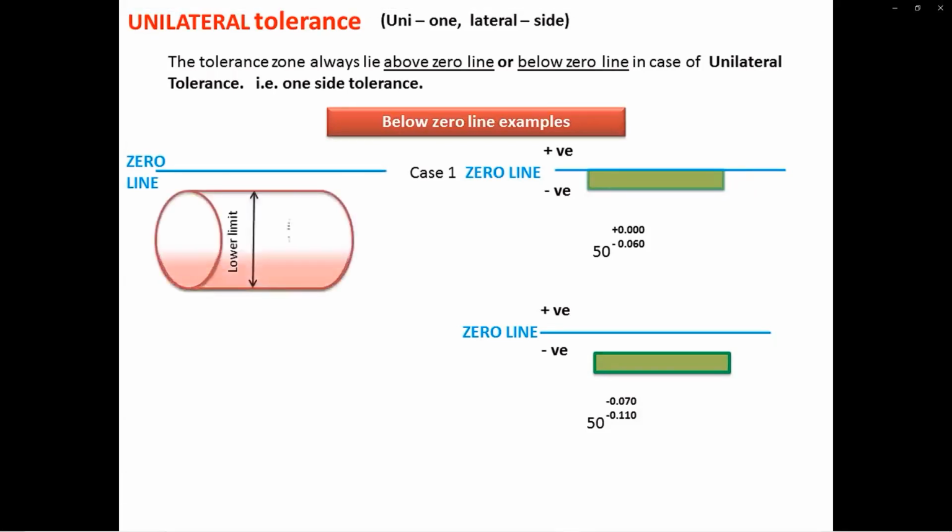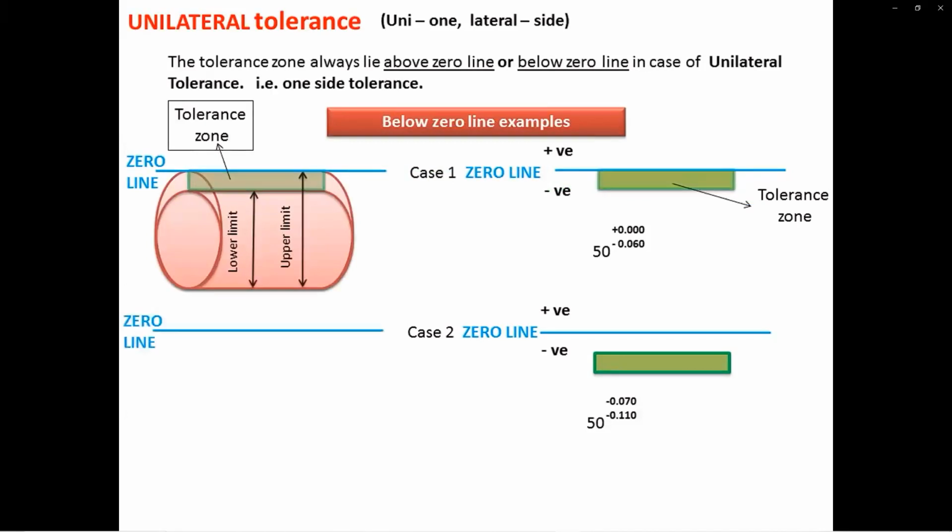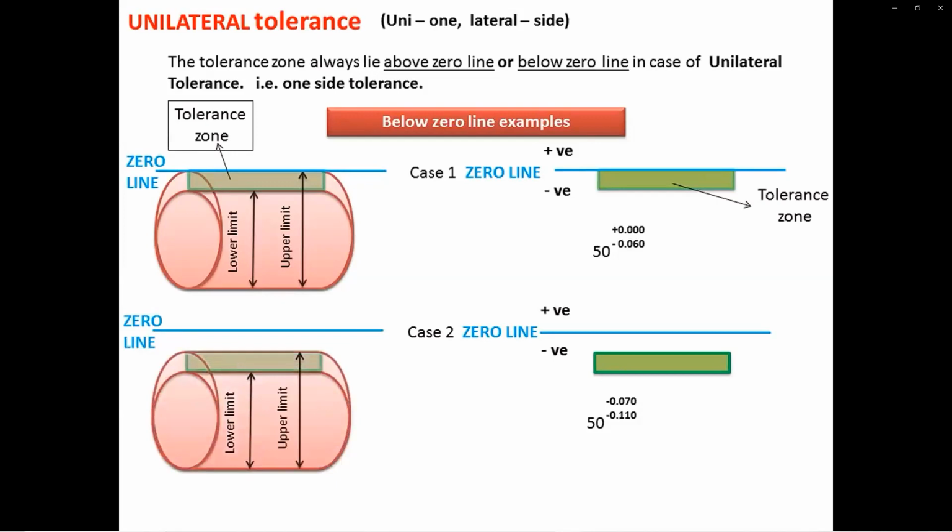Below zero line examples: lower limit, upper limit, and tolerance zone below the zero line. Second example: zero line, lower limit, upper limit, tolerance zone, again below the zero line.